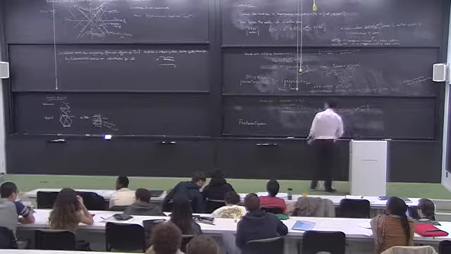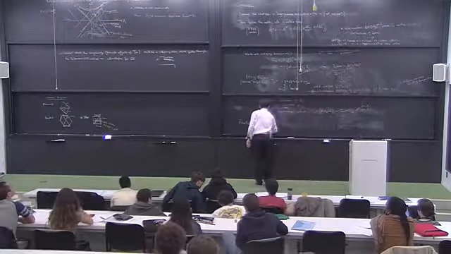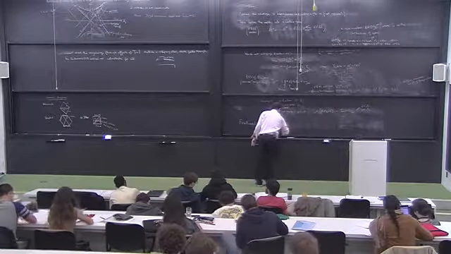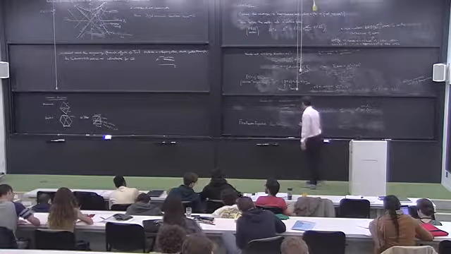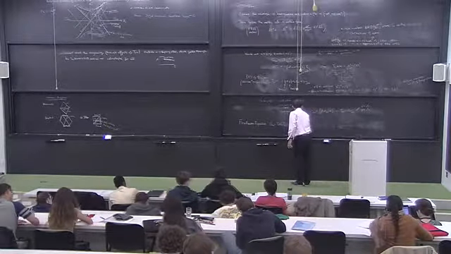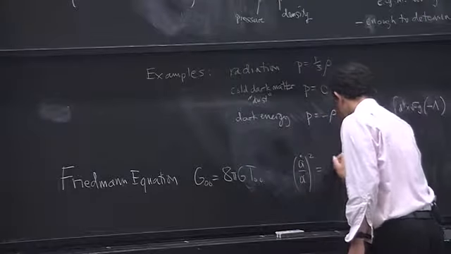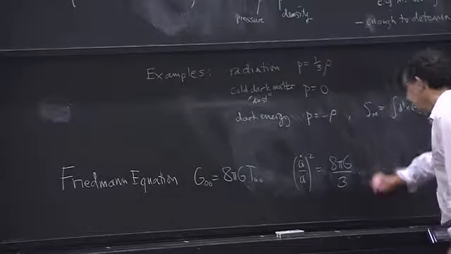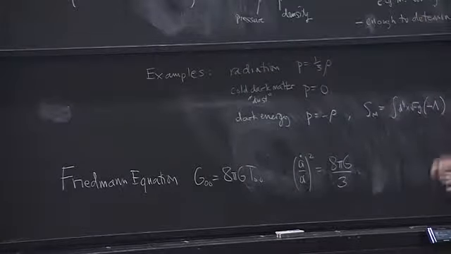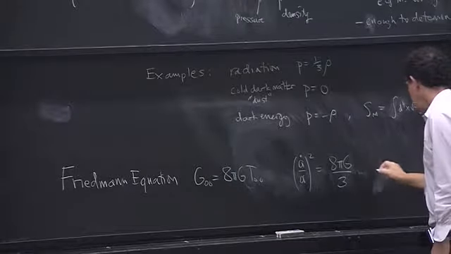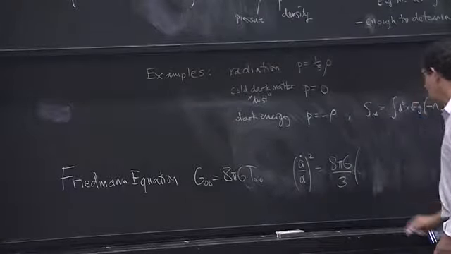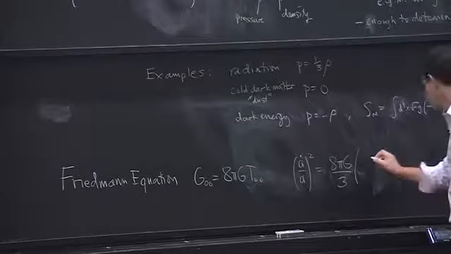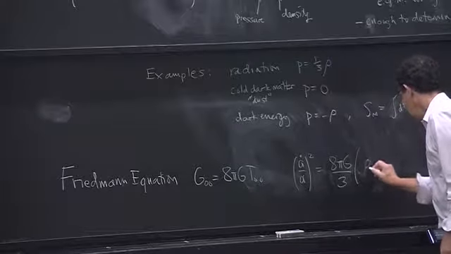Let's write down the Friedmann equation. The Friedmann equation is just G00 equals 8 pi G T00. So that reads A dot over A squared equals 8 pi G over 3, the 3 is from there, and then I'm going to write it the following way: rho lambda.